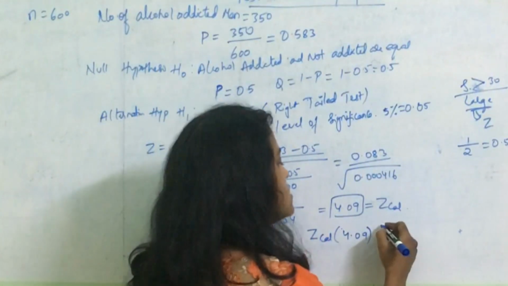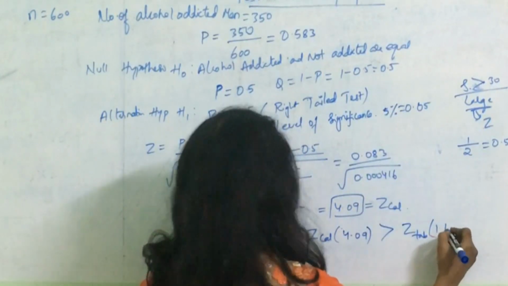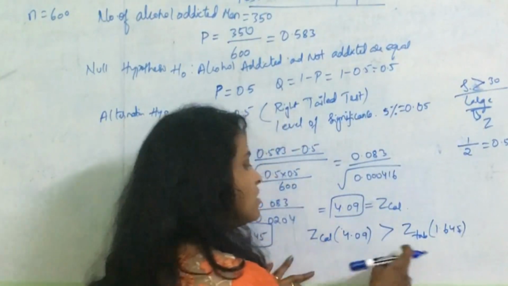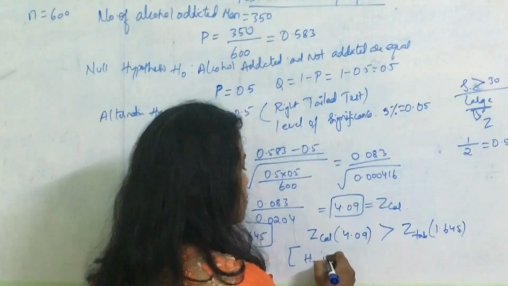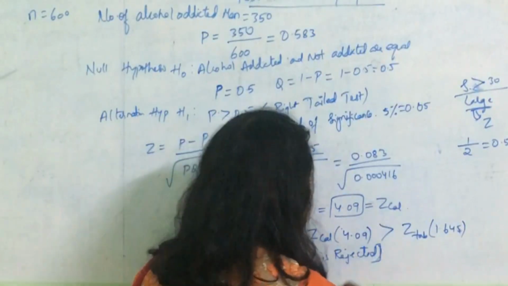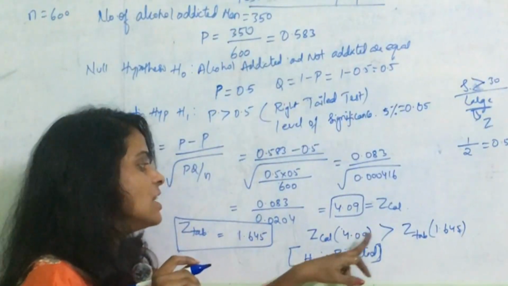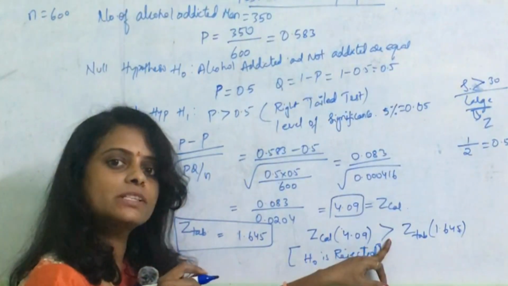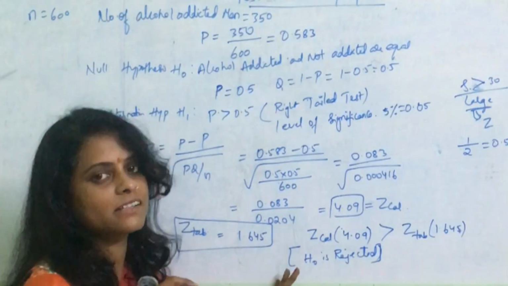So obviously the z calculated value is greater than the z table value. If the calculated value is greater than the table value, then the null hypothesis is rejected. If the calculated value is less than the table value, then the null hypothesis will be accepted.